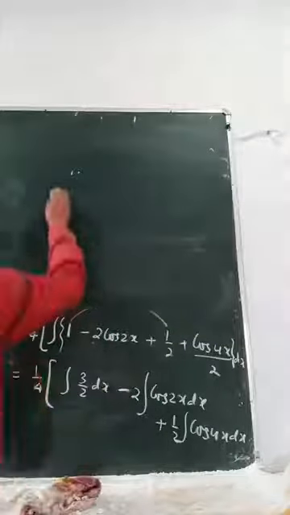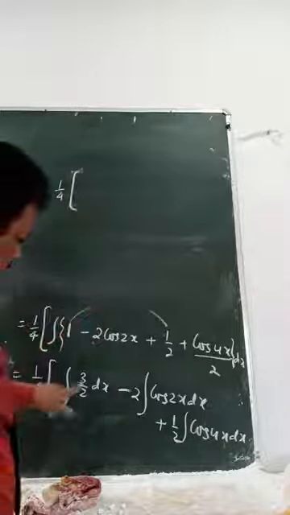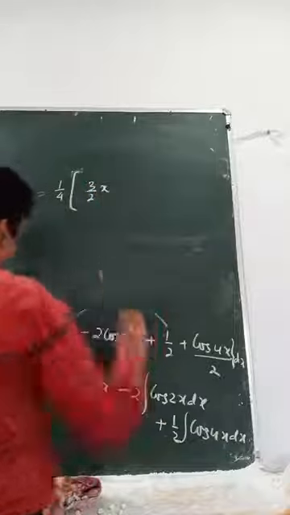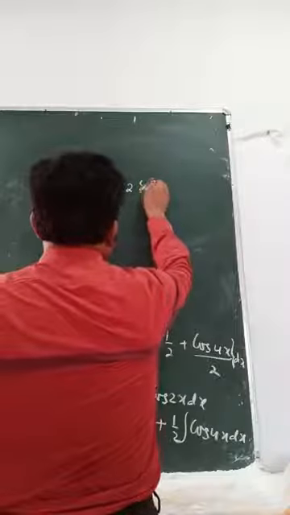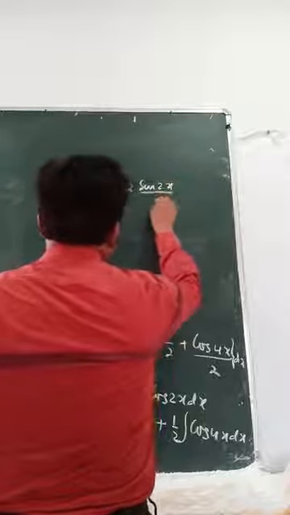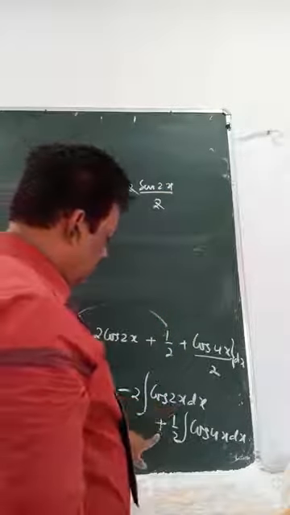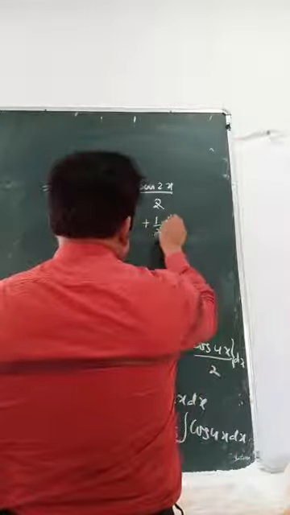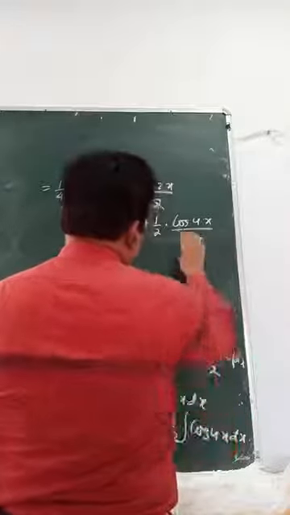The last line 1 by 4, 3 by 2 dx, 3 by 2 x, minus 2 sin 2x by 2. 2 will be cancelled. Why by 2? Because 2x is the derivative, you have to divide. Similarly, half cos 4x by 4. Sorry, sin 4x by 4.